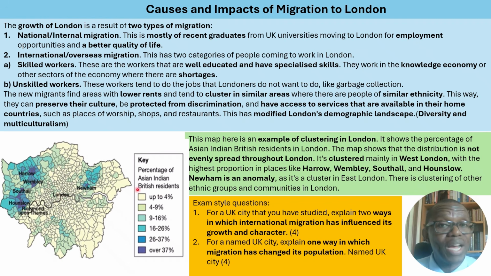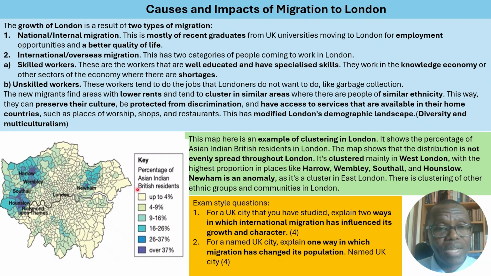So students that have graduated from different universities in different parts of the country move to London to find jobs, because most of the jobs are obviously in and around London. And also they would like to enjoy other benefits, such as the good healthcare facilities that are in London, the good entertainment facilities that are in London, and generally a better quality of life, so to speak.